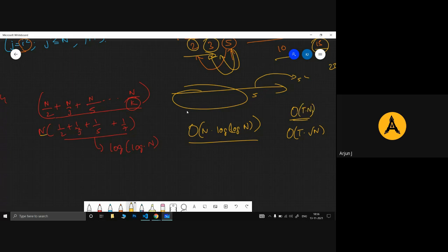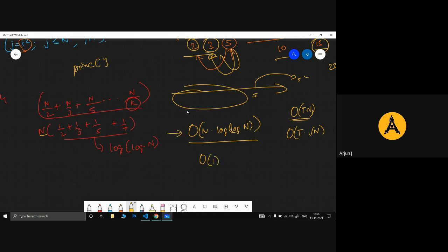But here we are taking O of n into log n for the pre-computation, that is to find the prime array or the prime sieve, you can call it. And then for each test case, we are just going to find what is the value at that particular index inside the prime array. So that is obviously going to take constant time complexity.